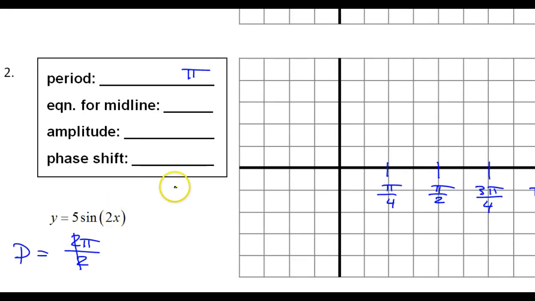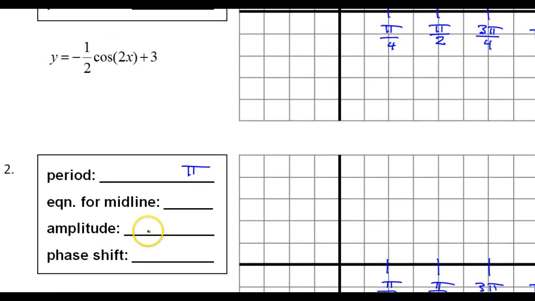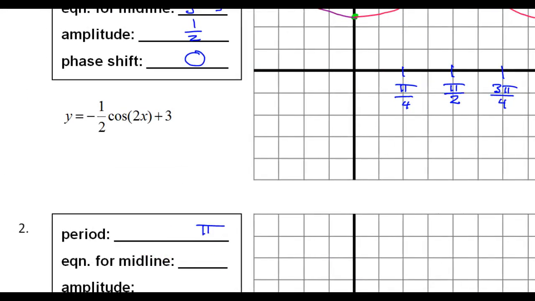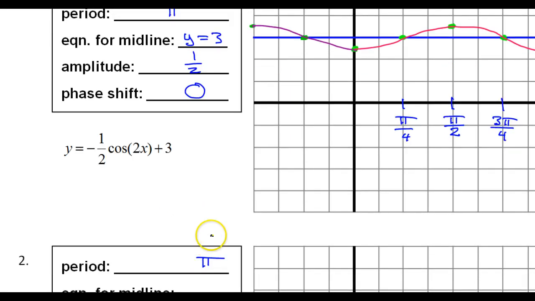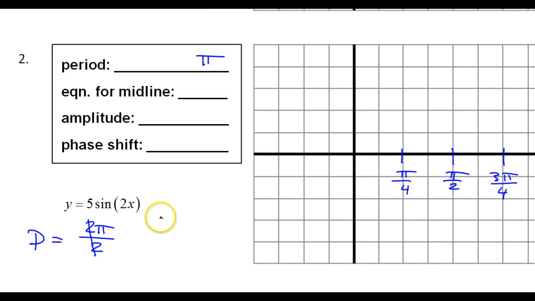Okay, this time, unlike in problem number 1, which had a midline change, a vertical shift of +3, this time there is nothing added on the end. So it's like having a +0. That's why the midline is going to just remain y equals 0, which is the x-axis.